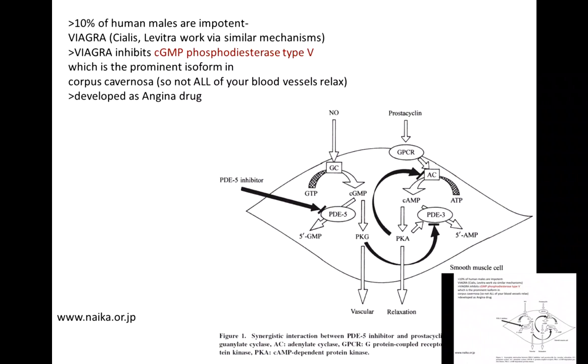So one of the indications and side effects of Viagra is that you can have a rapid loss of blood pressure. This is in some individuals who have a different expression of cyclic GMP phosphodiesterase, or their version of cyclic GMP phosphodiesterase reacts to Viagra in their heart, for example, where most people do not.